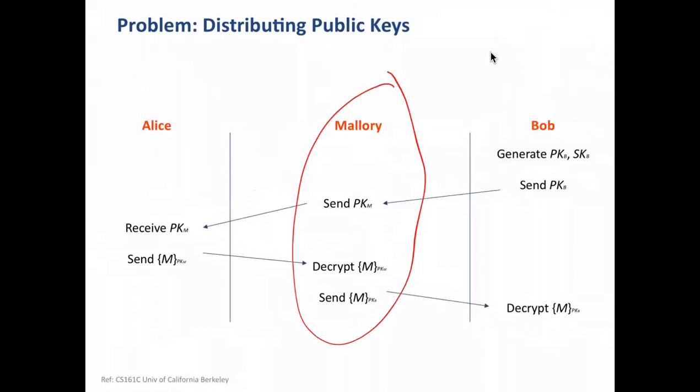Anybody in between can manipulate. Like here, Mallory will change the public key and give her own public key here, and then this message will be decrypted, and she can change the message to M dash, and then use Bob's public key, because Bob's public key is known, encrypt it with that and send it to Bob.